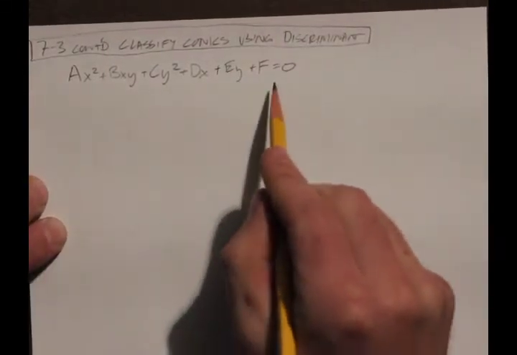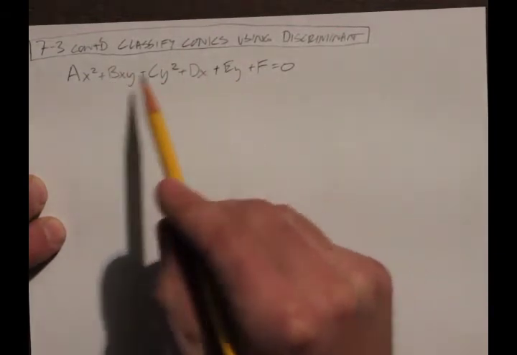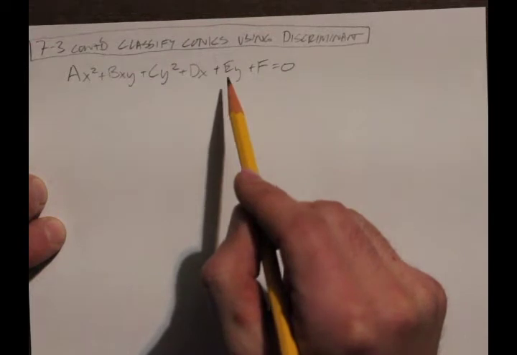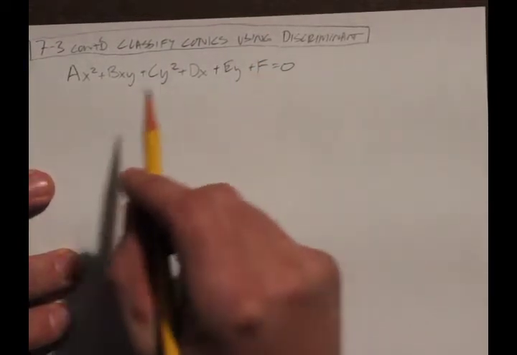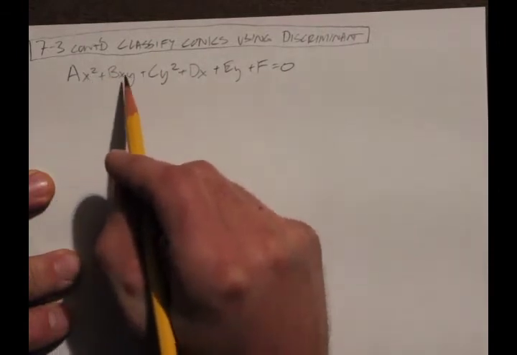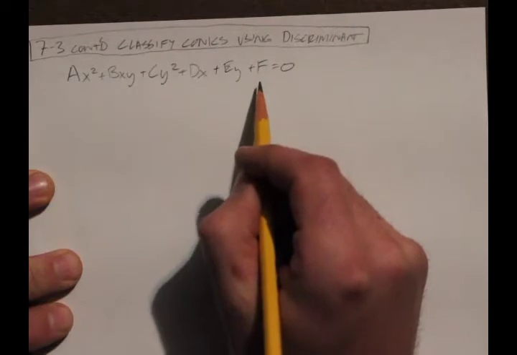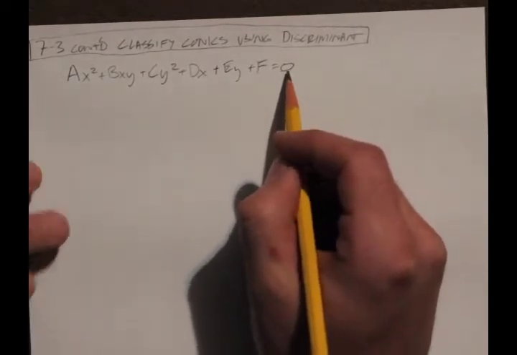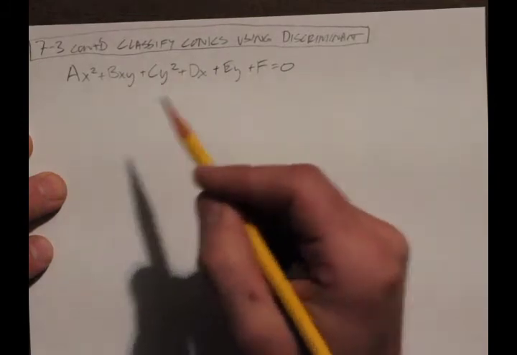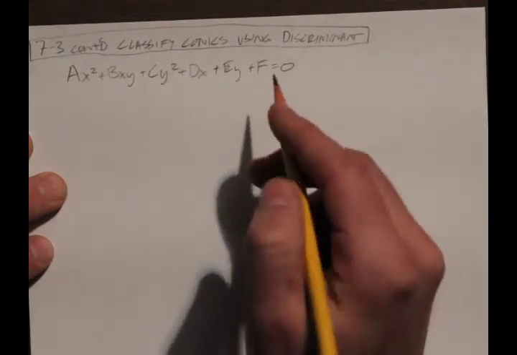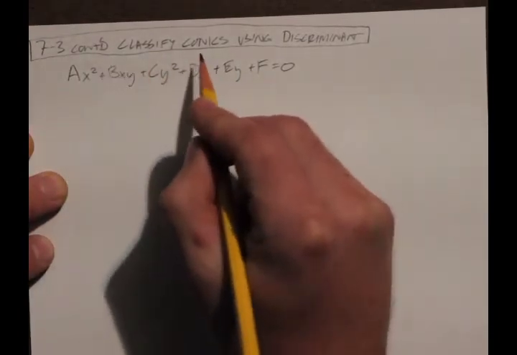This is the standard form, so that we can know what b and all of the different variables and coefficients are. It's got to be in this order, with x squared, xy, y squared, x, y, and then your constant, and then equals 0. It's got to look like this before you can decide which values to use for your discriminant. But we can use this to classify our conics.